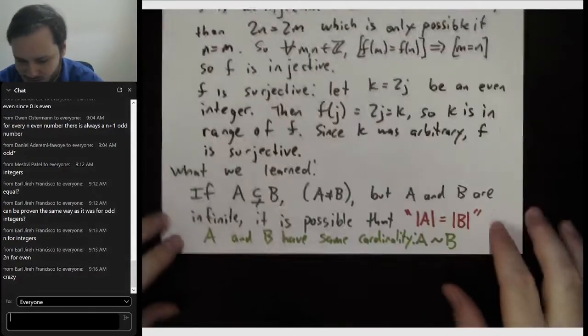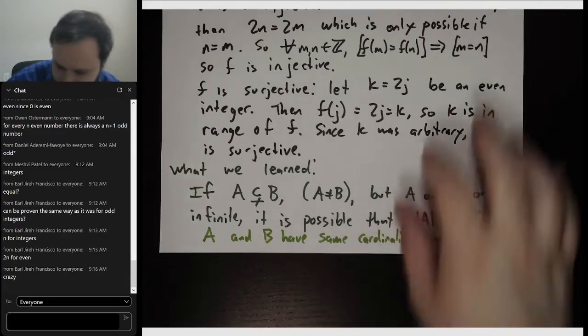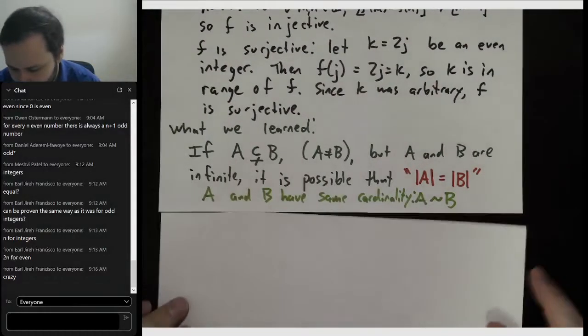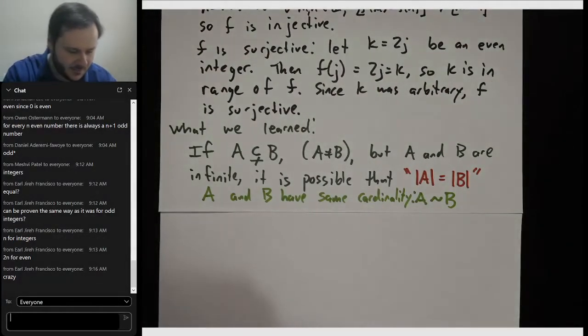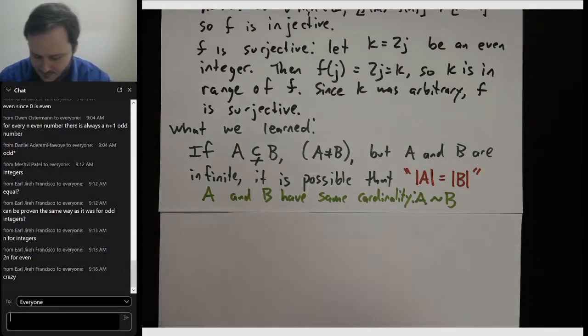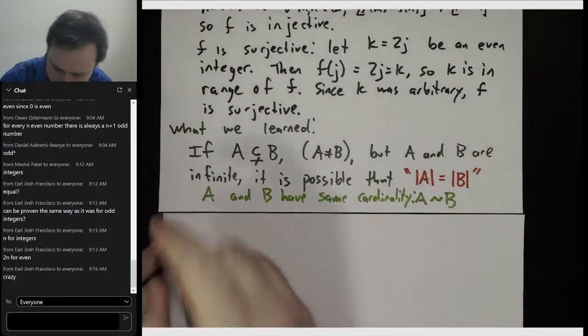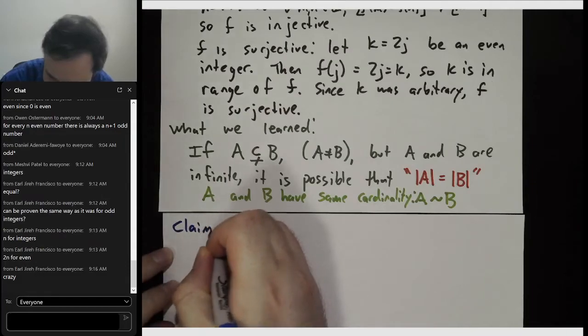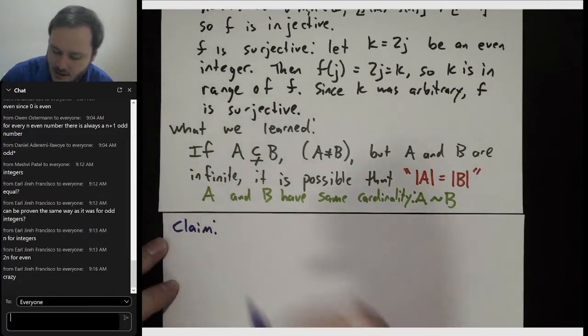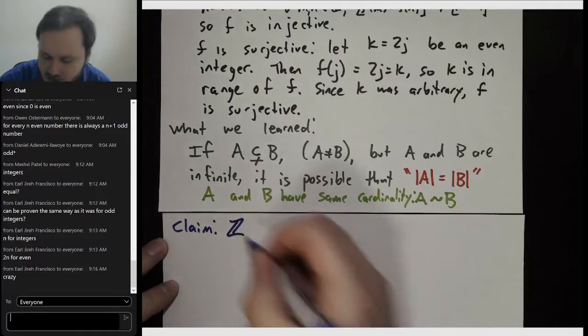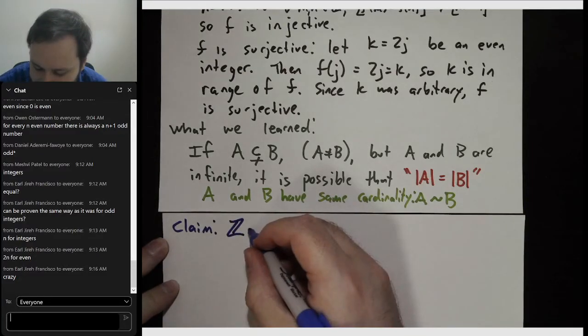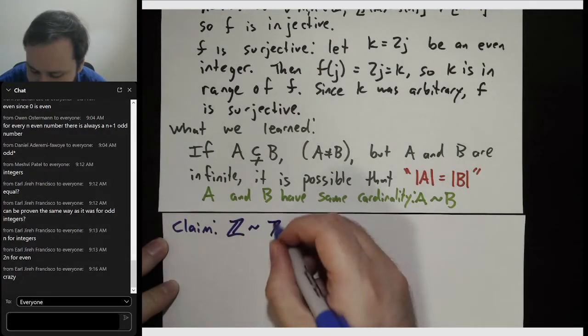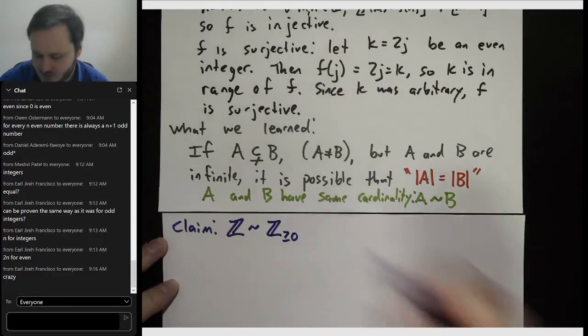So let's do some more examples. I claim that the cardinality of the integers is the same as the cardinality of the non-negative integers.